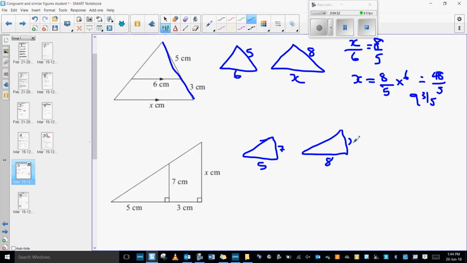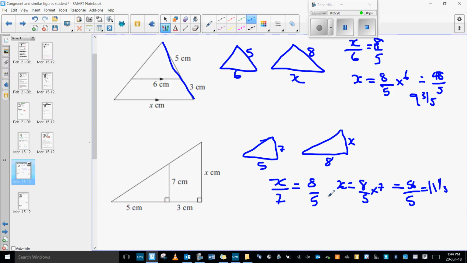So unknown divided by 5 would equal 7 divided by 5... so x is equal to 8 over 5 multiplied by 7, which is 56 over 5, which is 11 and 1/5.